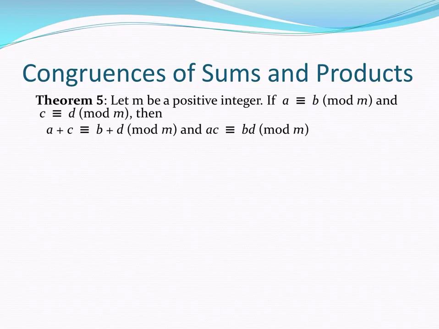Theorem 5. If a is congruent to b mod m and c is congruent to d mod m, then I can add both sides of these congruences.